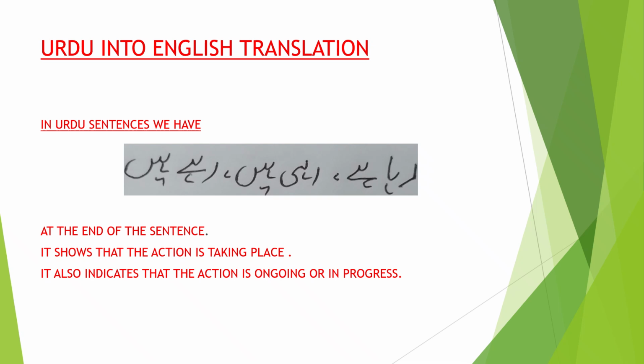They would show that action is taking place and it would indicate that the action is ongoing, in progress. For example, the child is sleeping, the girls are playing, the boys are studying. So all these Urdu sentences have these words at the end, which shows ongoing process at the time of speech.